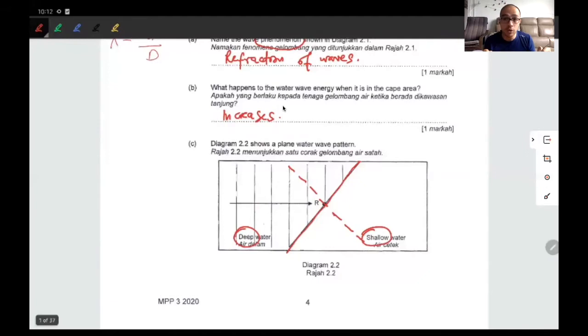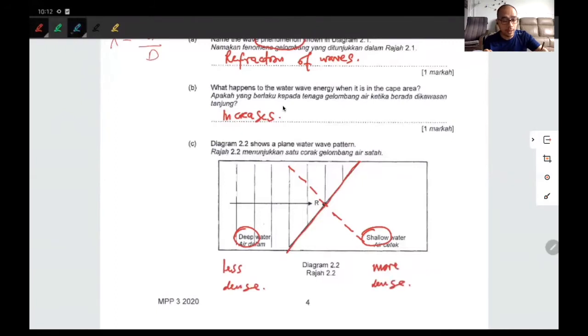Deep to shallow, you need to think, deep water is less dense, and shallow water is more dense.